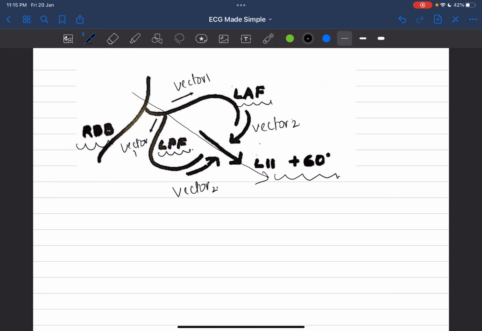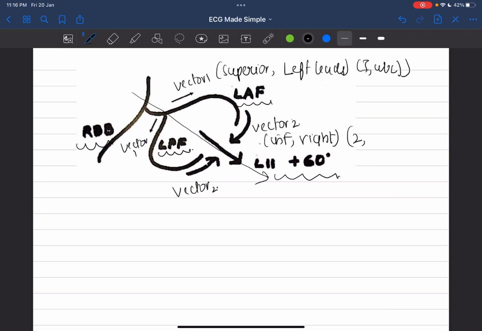The left anterior fascicle initially activates superiorly and towards the left. Remember what the superior and left leads are? Lead 1 and aVL. It initially goes towards lead 1 and aVL and then comes back inferiorly and towards the right.